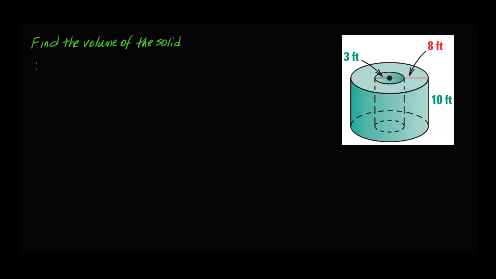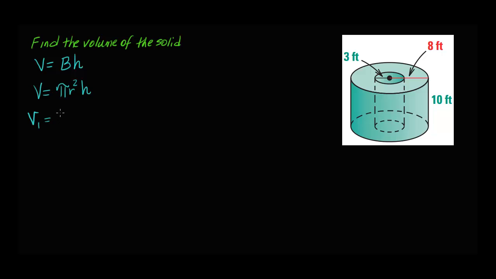So let's start by writing the formula for the volume of a cylinder, which is the area of the base times the height. Now remember that the base in a cylinder is a circle, so this letter B will be substituted by the formula for the area of a circle times h, which is the height of the cylinder. So let's go ahead and do the volume for the big cylinder, for cylinder 1, the big one.